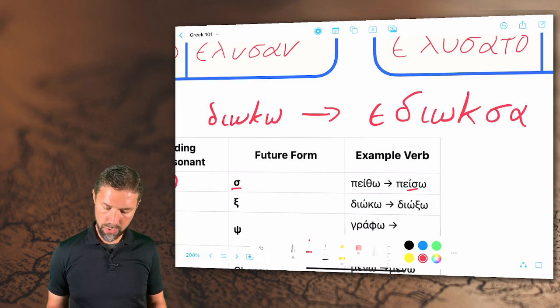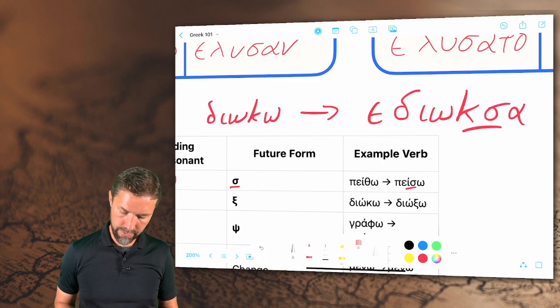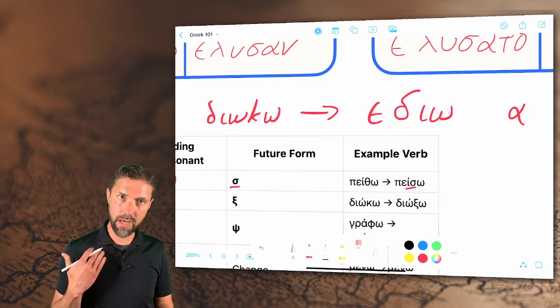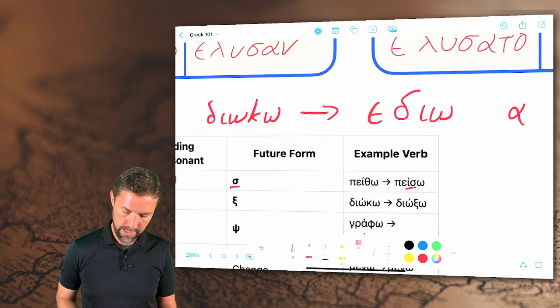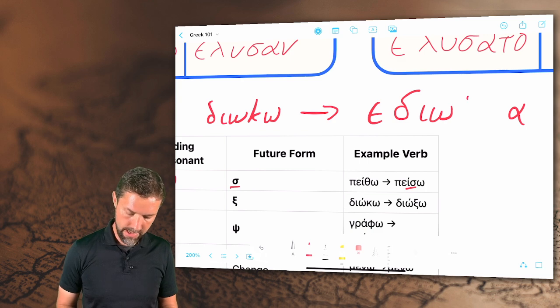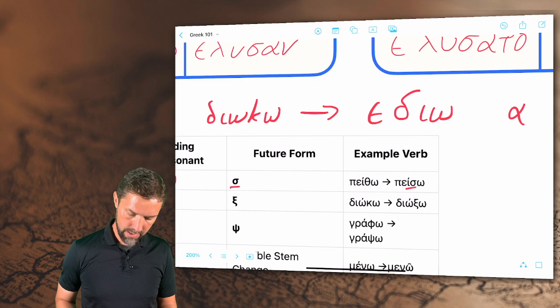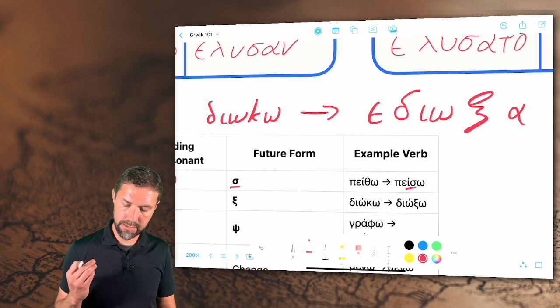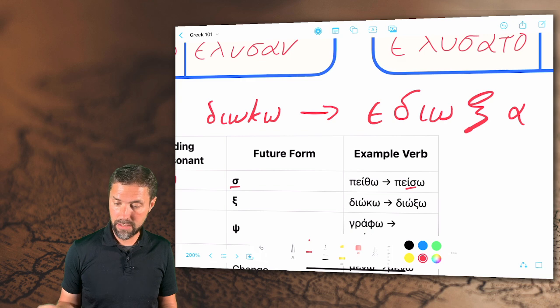What are we going to do there? Kappa plus sigma alpha are going to combine as kappa plus sigma. I'm going to end up with edioxa. Okay, and the kappa plus sigma have given me an xi. And that's what I end up with in my final form.